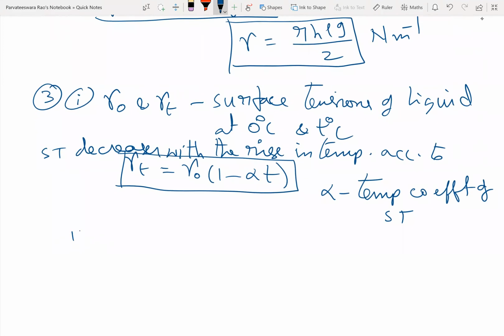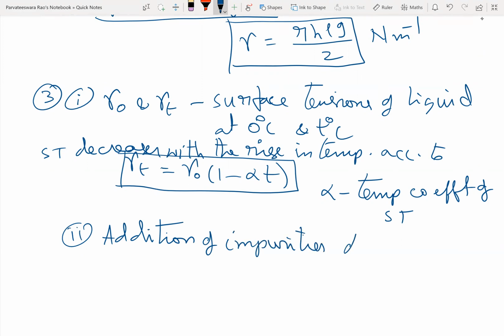Then, addition of impurities decreases the surface tension. Rise in temperature decreases the surface tension.